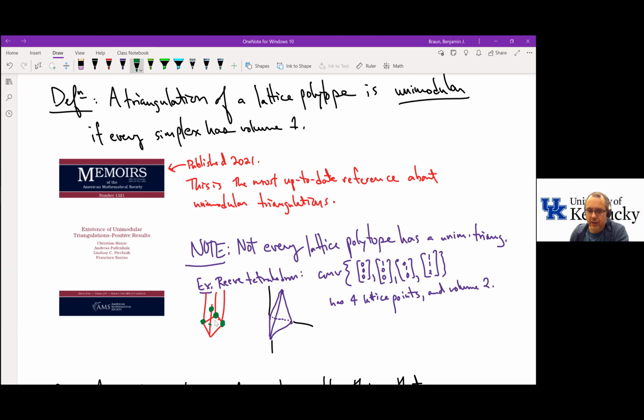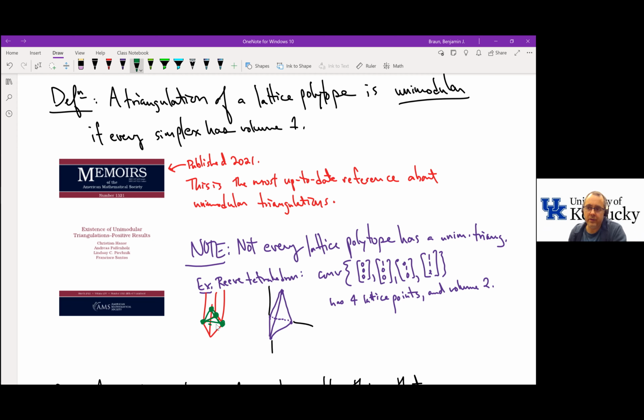Because I'm in this very thin vertical chamber, there are no other lattice points on the boundary or inside the polytope. So arithmetically, you've found 4 lattice points whose convex hull is an empty lattice polytope, meaning it doesn't have any lattice points on the boundary or inside other than the vertices, and it happens to have volume 2. And you cannot transform that with a lattice-preserving transformation back to the standard simplex. It won't fit.